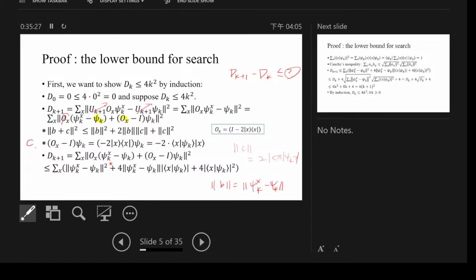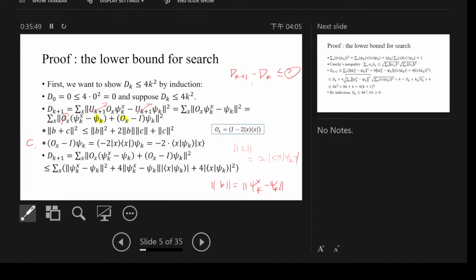So we have b squared plus 2 norm b norm c plus norm c squared. For norm c squared, you have 2 squared equals 4, and this thing squared. And so we see that we are getting close to something we want.